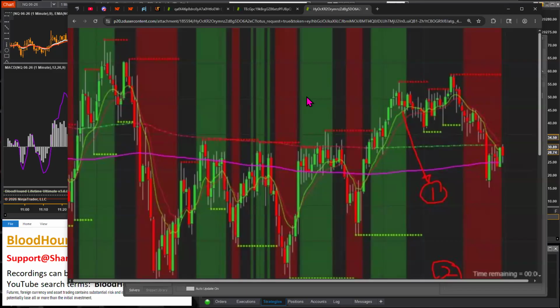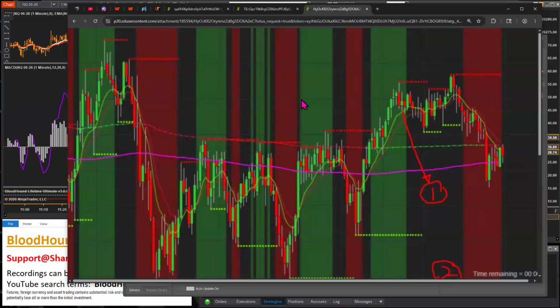Now, Blackbird is also designed to not put the account into, shoot, just lost the word, into a margin call.